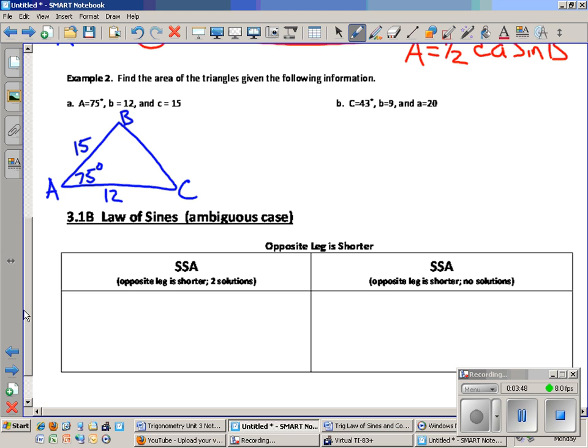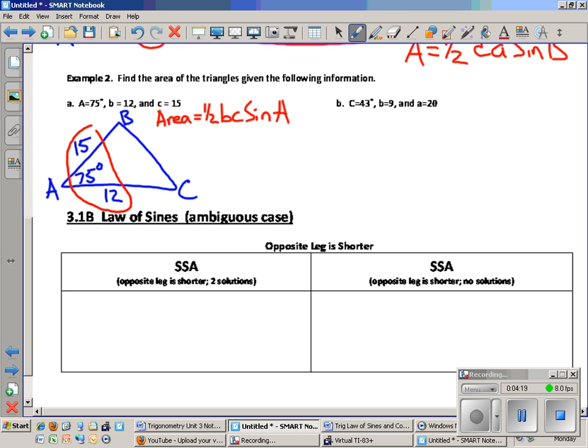Now, if you want to use a formula, yes, you can look, and since you're given angle A, you would use area is equal to 1/2 times B times C times the sine of A. So I guess that's probably your third formula listed on that page. Well, you guys, the whole idea is that you're given two sides and their included angle. Side, angle, side.